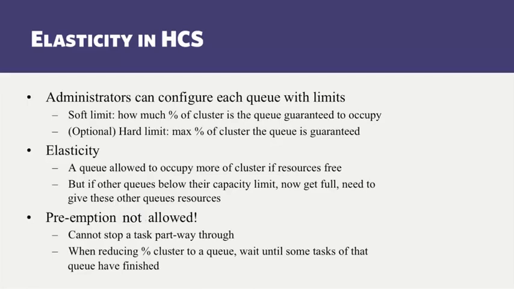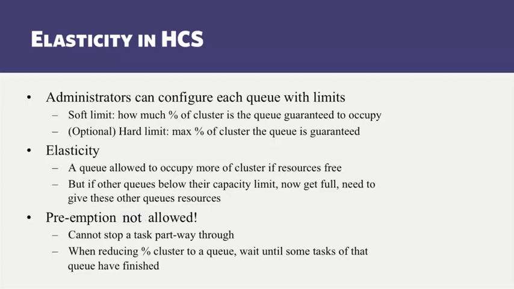But if there are other queues in the system that are below their capacity limit, so for instance, if another queue had a soft limit of 20% and it is running at 5%, it now needs to get more resources because, for instance, it might be having more jobs. That other queue may need to be given resources, which means that this queue that is currently occupying the entire cluster needs to give up some of its resources.